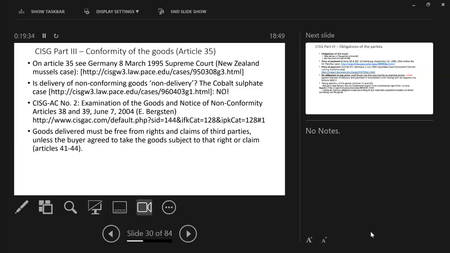And this means that very frequently the financing is going to be specified in the contract because the delivery subject to certain rights and claims of third parties who may well be financiers are actually core to the transaction.